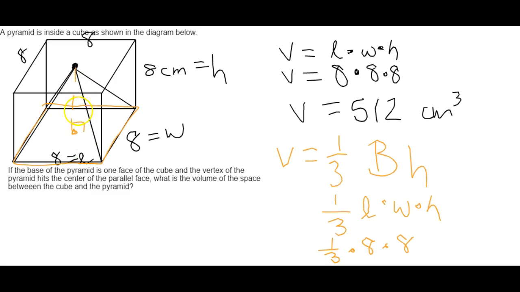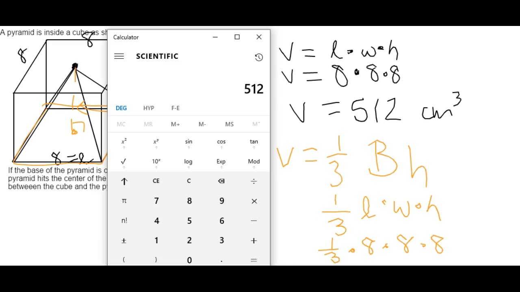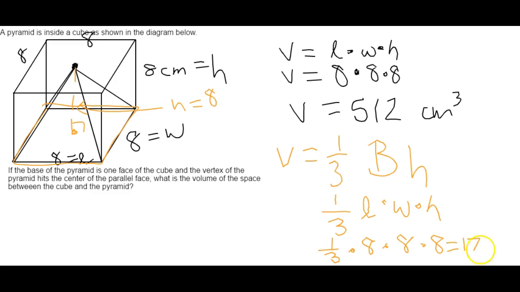So the height is actually going to be the same as the height of the cube. So 1/3 times 8 times 8 times 8. We've already done the 8 times 8 times 8, so I'm just going to say times 1 divided by 3, or 170.7. That was the 666 repeating rounded.